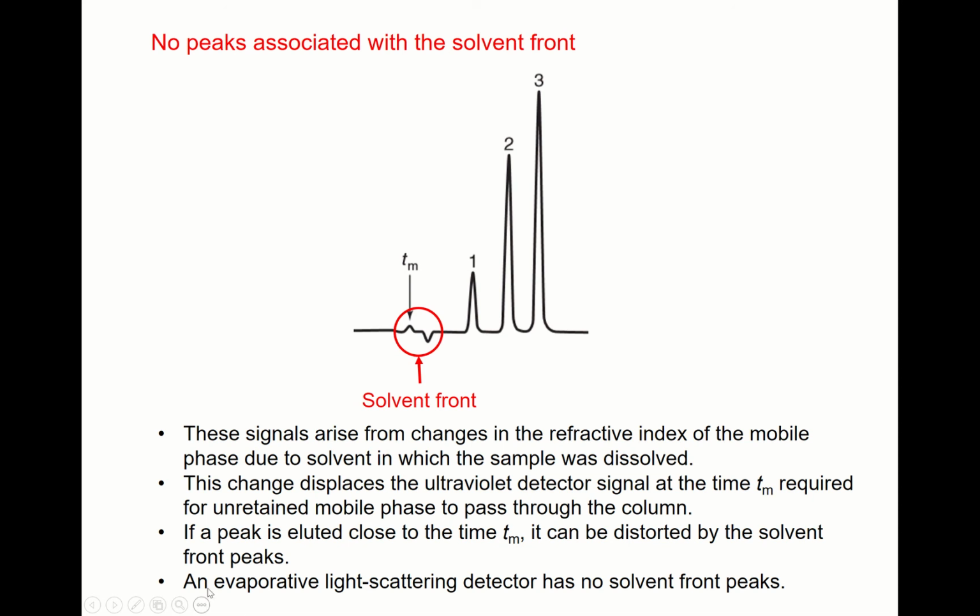An evaporative light scattering detector has no solvent front peaks. In this way, regarding the solvent front peak, the evaporative light scattering detector has a certain advantage. Okay, let's stop temporarily here.